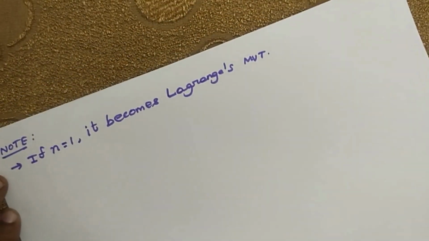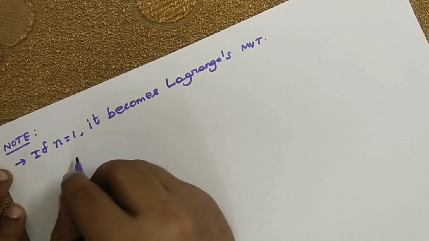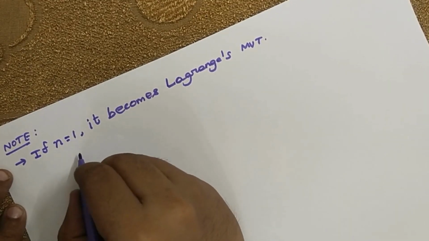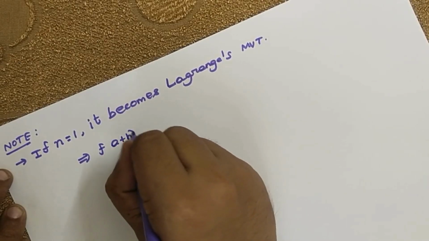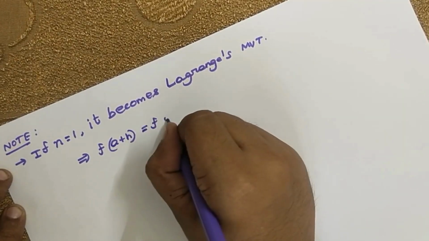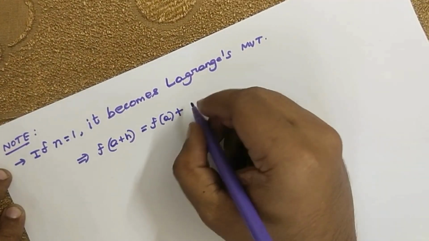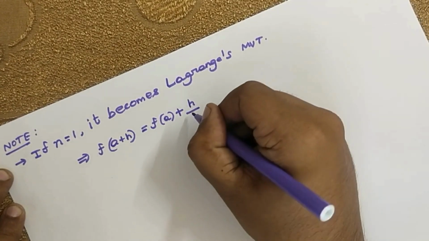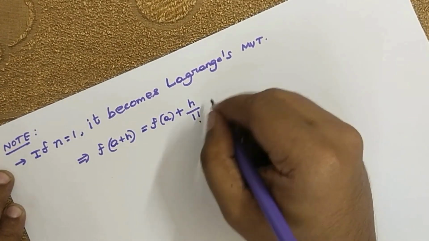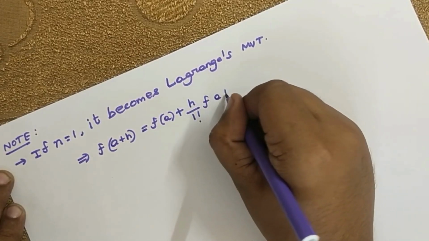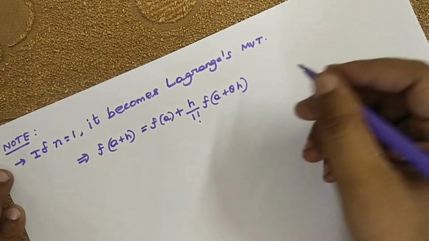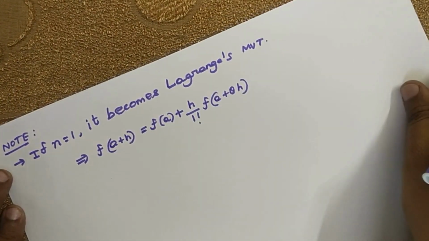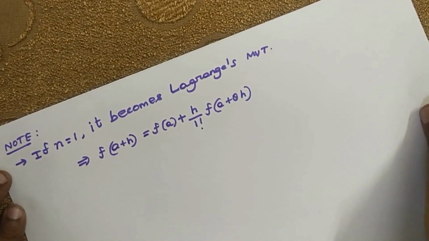We can substitute and see. If n is equal to 1, then f of a plus h is f of a plus h by 1 factorial into f dash of a plus theta h, which is the last term, where we substituted n is equal to 1. So this is nothing but Lagrange's theorem, which we have already seen.